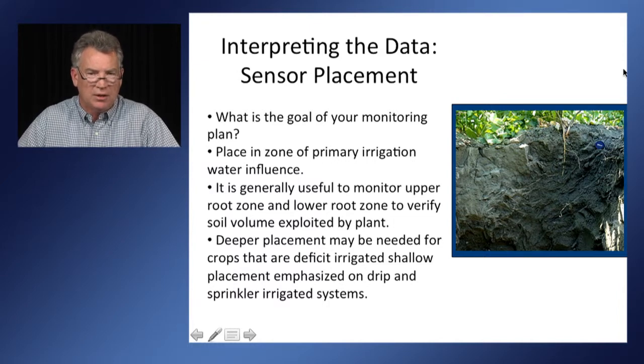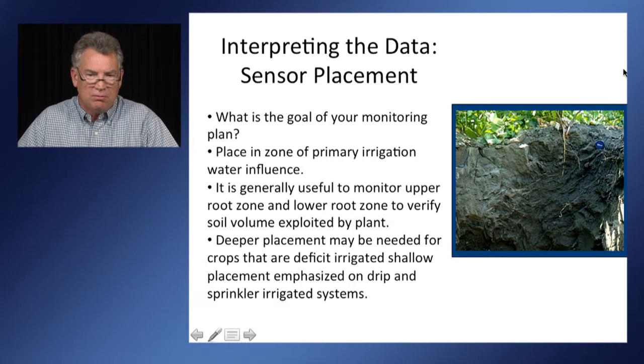What I mean by that is that we want to place them where irrigation water is reaching that sensor on a regular basis and where there's an active root zone that's taking up that water on a regular basis as well. It's generally useful to monitor the upper root zone and the lower root zone to verify soil volume exploited by the plant.